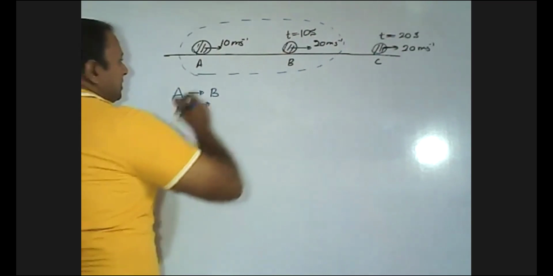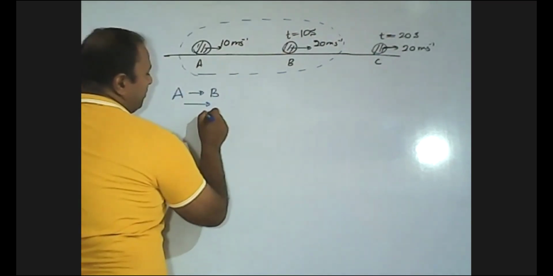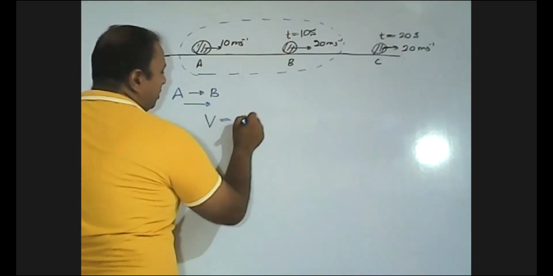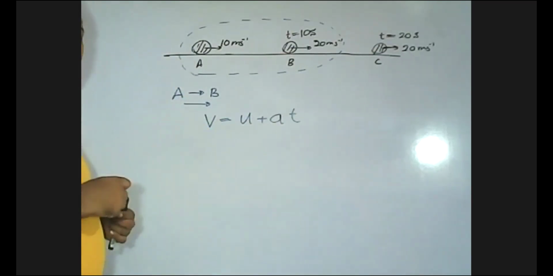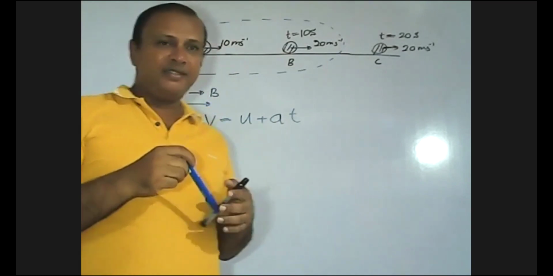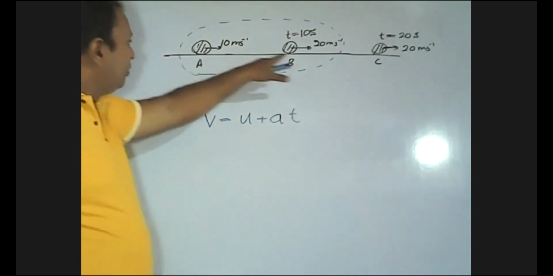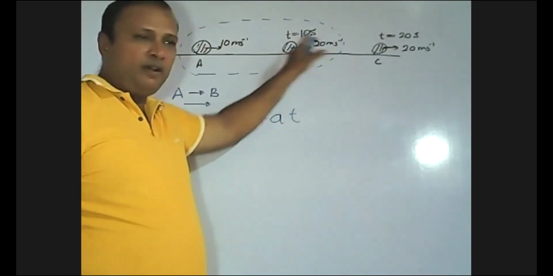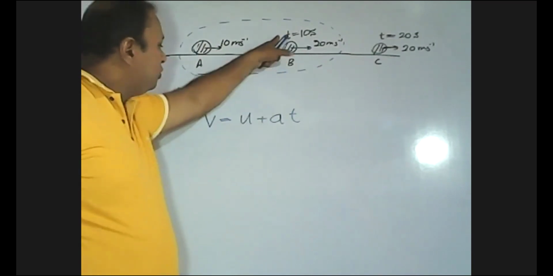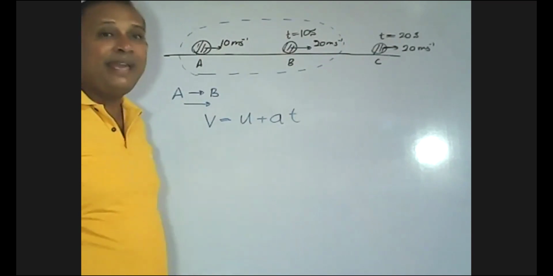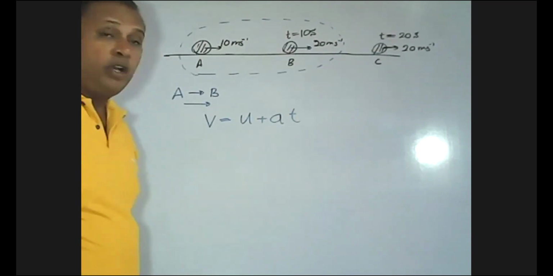Now I am going to apply the equation V equal U plus AT, because I need to find the acceleration and I know the final velocity, the initial velocity and the time. Therefore, you can use V equal U plus AT.